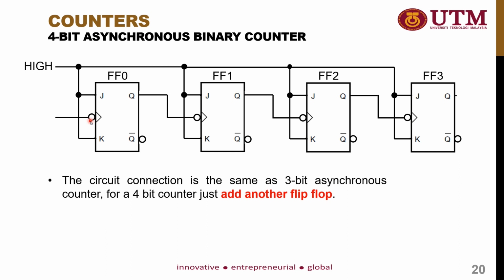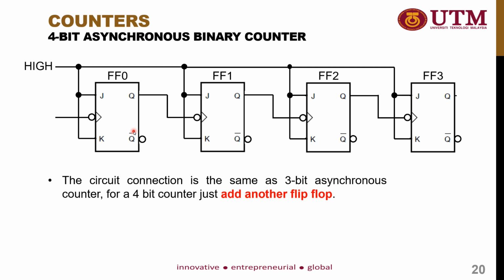For a negative edge triggered flip-flop, if you want your counter to count up, you must connect the output of Q to the next active low clock input. If you have an active high clock input, you will connect to Q bar if you want your counter to count up.